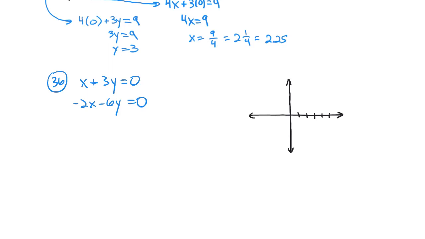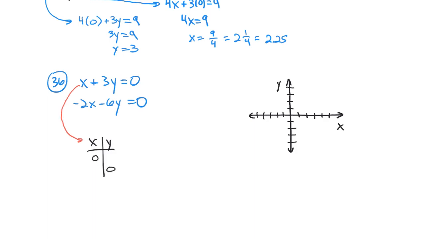So I make a quick little grid here. X and Y. All right, so looking at this first one, I'm going to do the same thing, make a little t-table. And I'm going to plug in 0 here, 0 here.